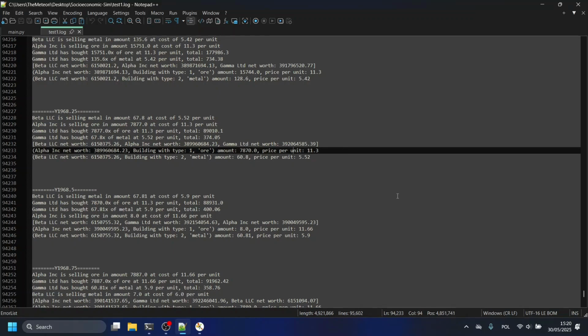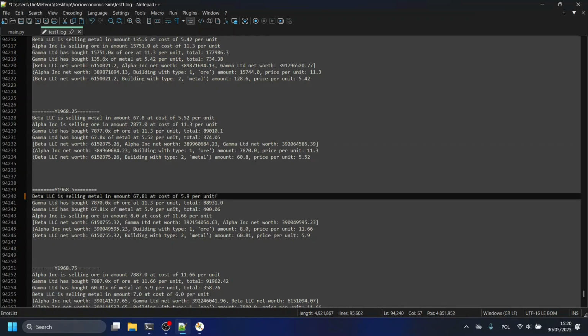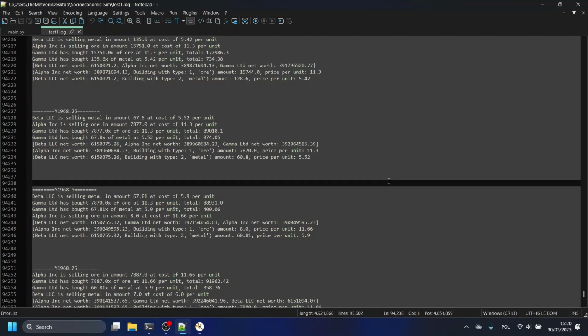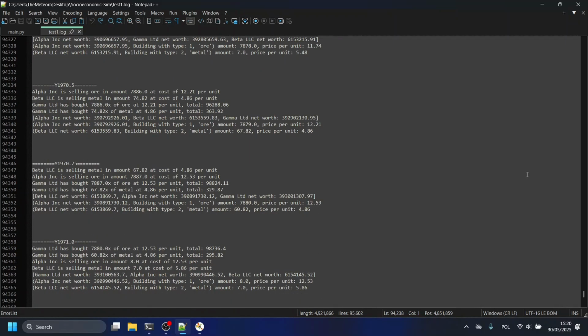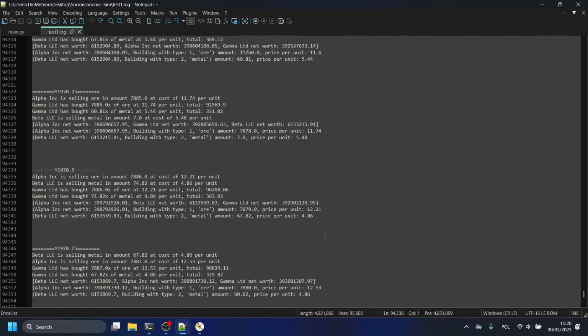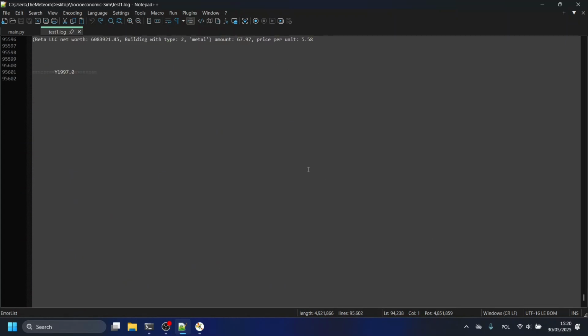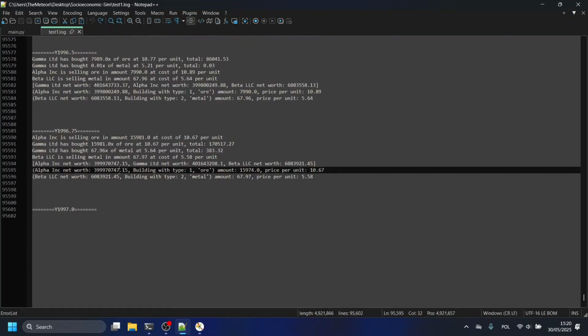However, there shouldn't be any declaration. Yep, there aren't any declarations of bankruptcy, so that means that it was kind of stable. And comparably, I think they even have higher net worths than previously, because in the end, Alpha LLC has 400 million.